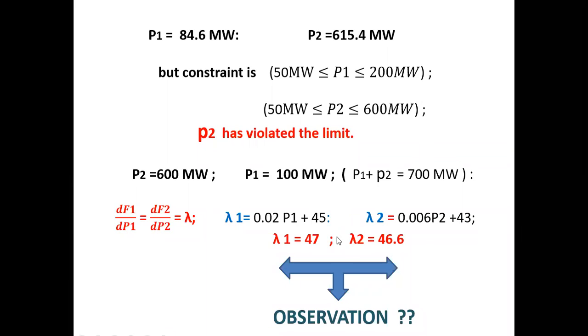Let us consider 46.8. Take 46.8, then again calculate P1 and P2. If those two are within the limits, then you can find P1 and P2 in an economical way. Here we are taking only 2 units, P1 and P2, so easily we can take one more lambda value.